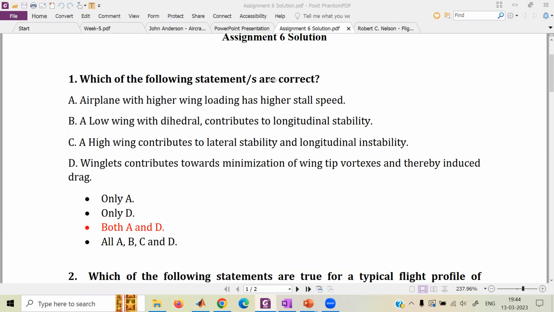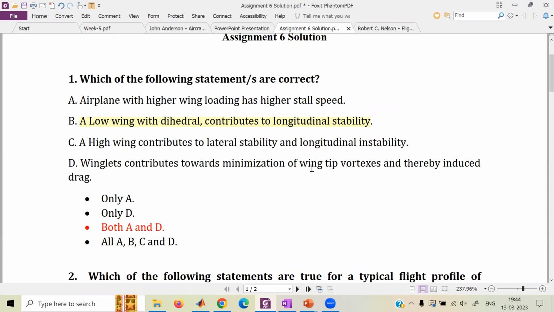If that was true, then statement B should have been in the answer. Sir, but somewhere I had read that a low wing will contribute to both lateral and longitudinal stability, sir.